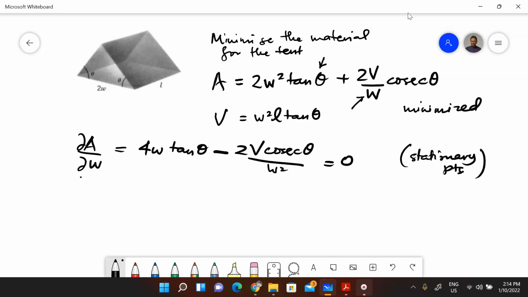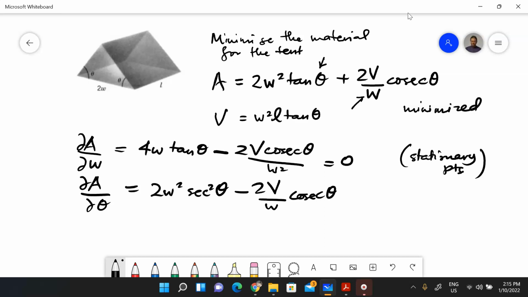And then the other variable is theta, so that will be 2W squared secant squared theta minus 2V on W cosecant theta cotangent theta equals 0.